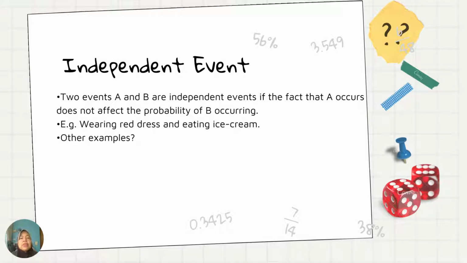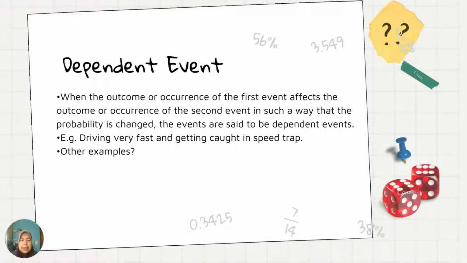Alright, for dependent events, normally the outcome or occurrence of the first event actually affects the occurrence of the second event in such a way that the probability is changed. Then the events are dependent events. For example, when you are driving very fast and getting caught in a speed trap, you drive fast, so you have potential of being caught in a speed trap.